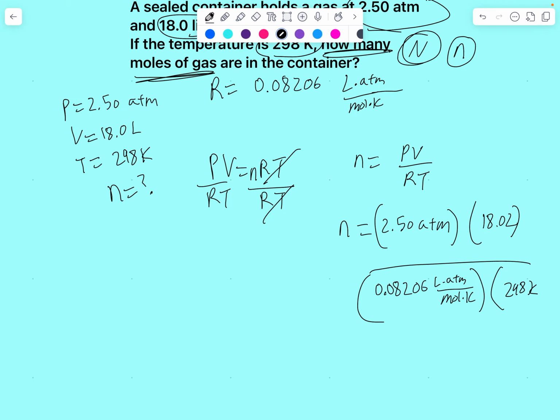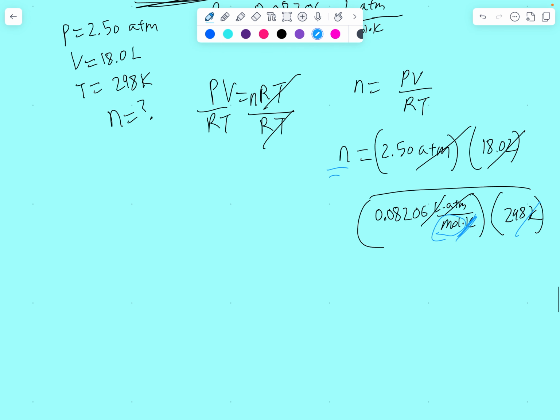Okay. So let's identify units. Atm cancels out with atm. Liters cancel out with liter. Mole down here doesn't cancel out. And Kelvin up here cancels out with the one down here. So you're left with mole. You want moles, you guys.